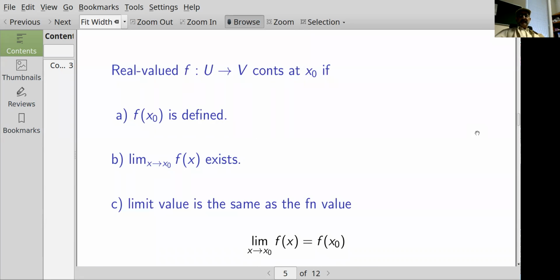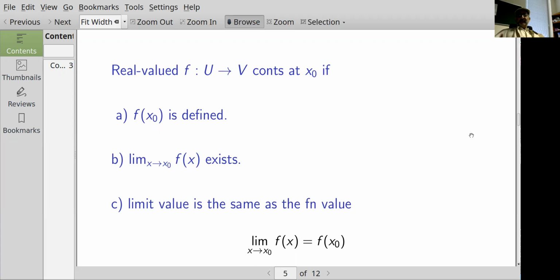What this means is that if we want to evaluate a continuous function at x naught, it is considered to be continuous if f of x naught is defined, the limit as x goes to x naught exists, and the limit value and the function value are the same. So basically, the limit value exists at x naught, the function value exists at x naught, and they're both the same, then that function is continuous at x naught.